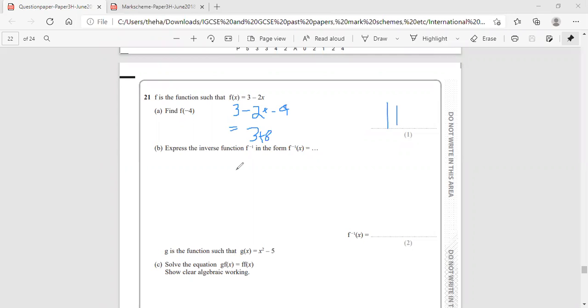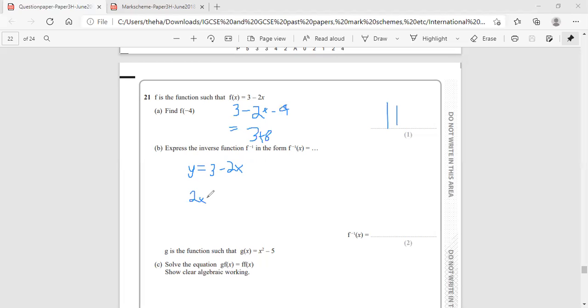Next part, express the inverse function f minus 1 in the form of f minus 1 of x. So what we need to do here is basically just put y equals 3 minus 2x, okay? Then we have to try to make x the subject of the equation. So we're going to move x over and then move y over.